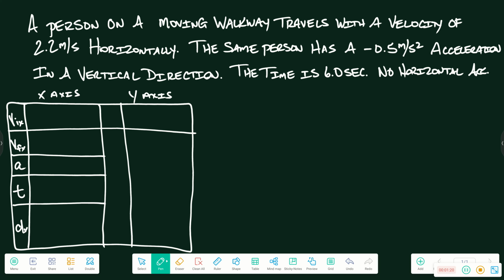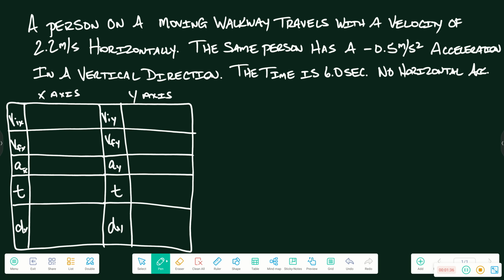And then initial velocity of y, final velocity of y, acceleration of y, time, and displacement of y.